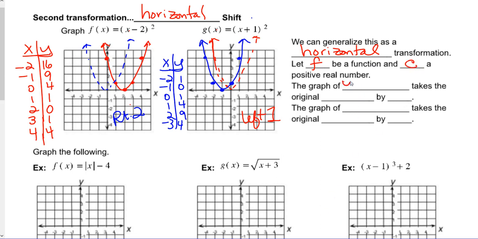Then the graph of y equals f of x minus c, that's the minus one, we move the original right by c. And if I have y equals f of x plus c, then it takes the original left by c. So that's this guy right here that we found. So it's kind of opposite. When you're grouped with the x, things are opposite.